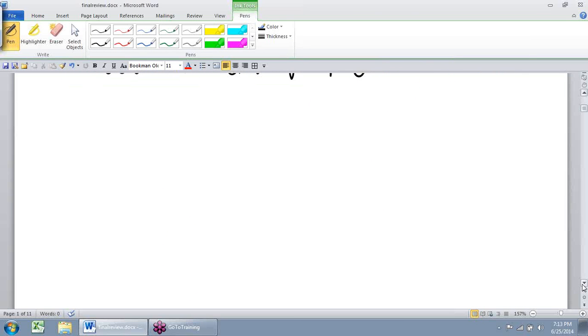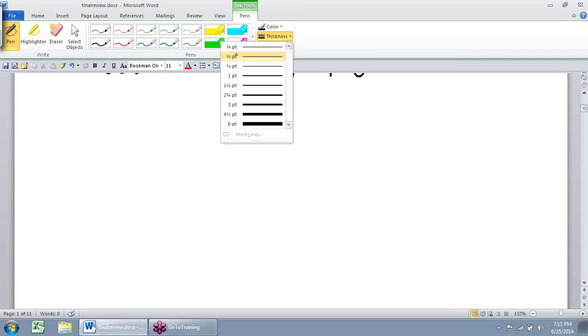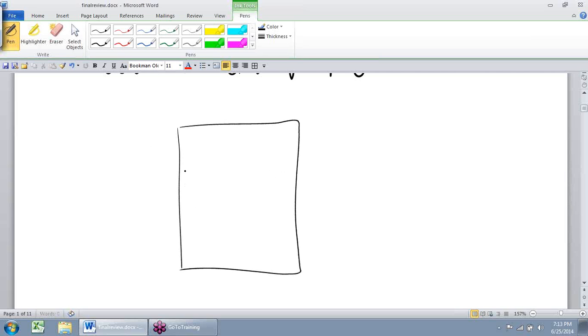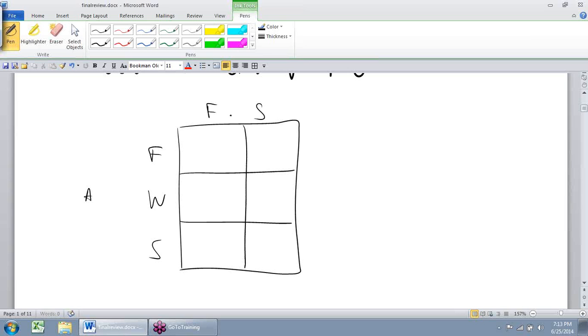I'm gonna write down the matrix again. Now we have three possible actions for player A, that is fight, waffle, and share, and only two possible actions for player B, that is fight or share.